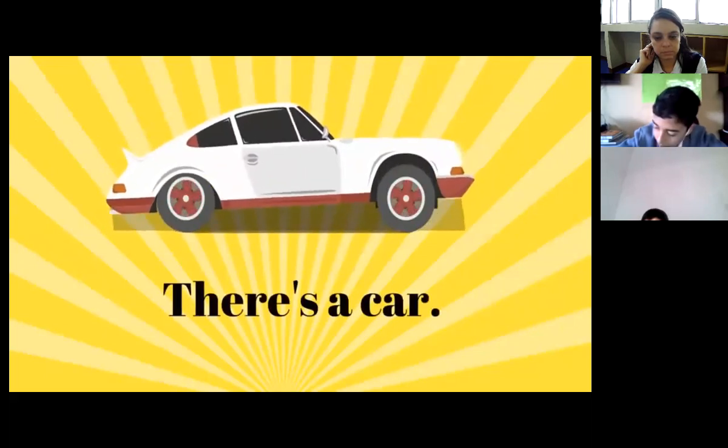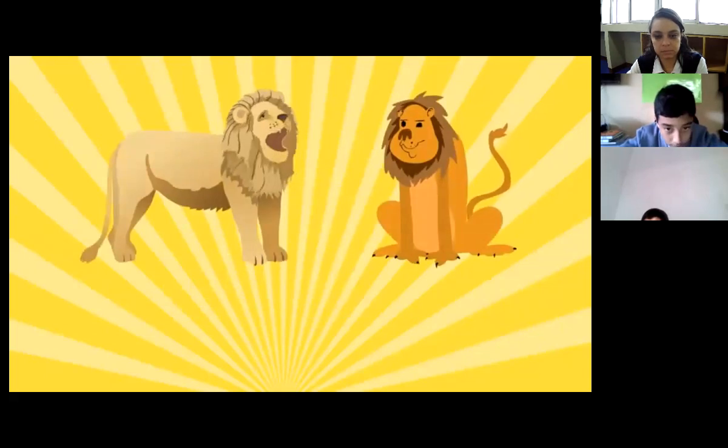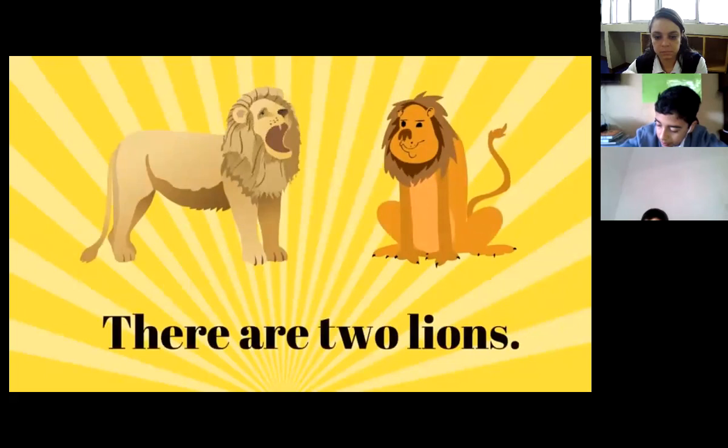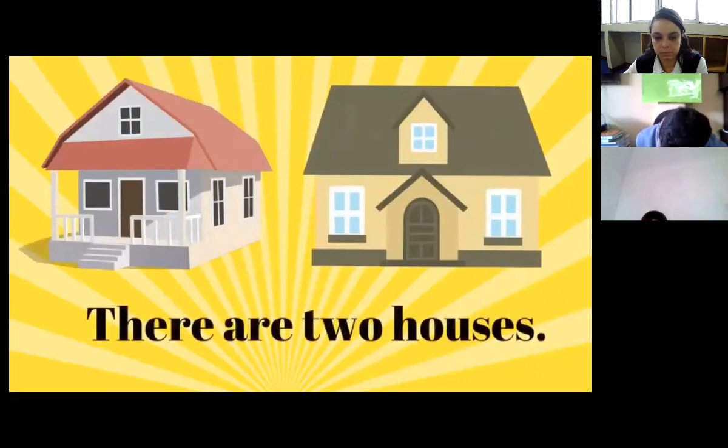There's a car. There are 2 lions. There are 2 houses.